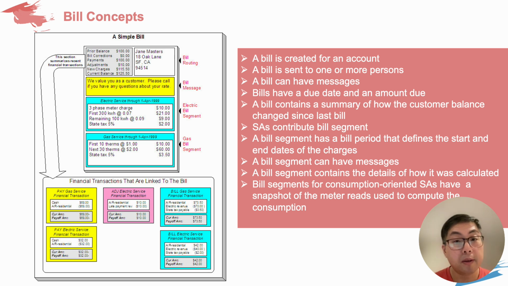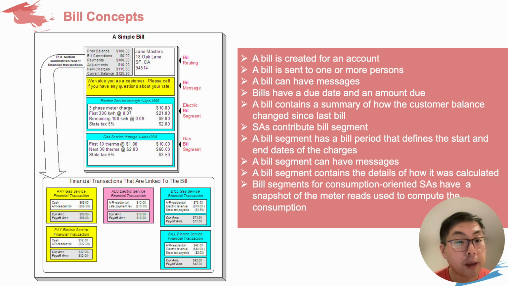This billing period is reflected on the bill segment, not on the bill. The bill actually doesn't have a start and end date, but the collection of bill segments defines the start date and end date.